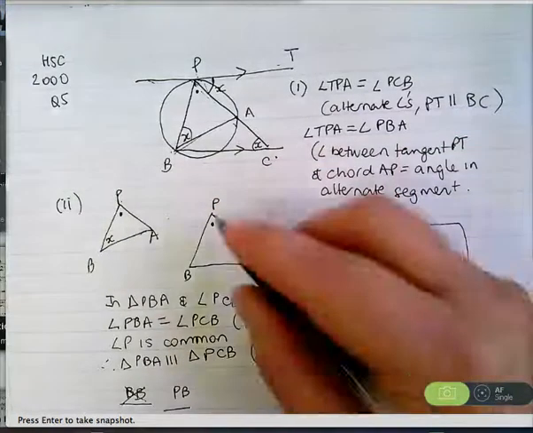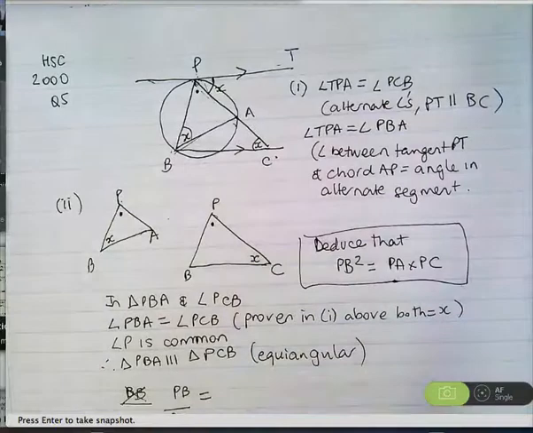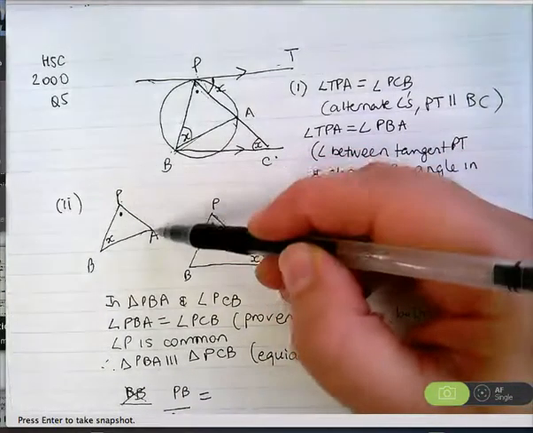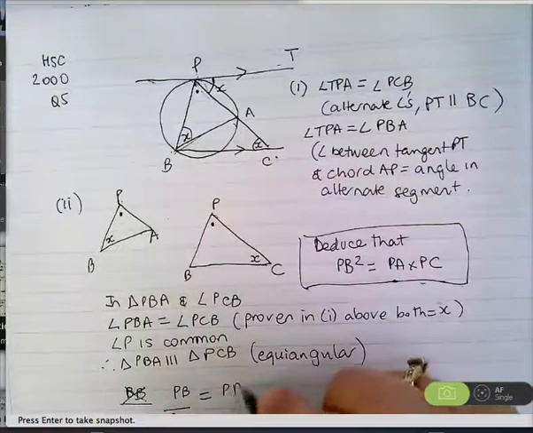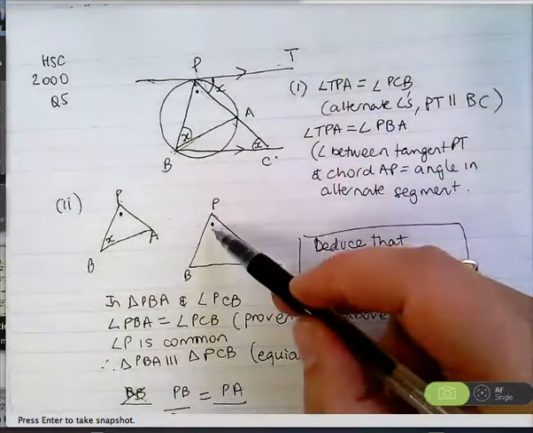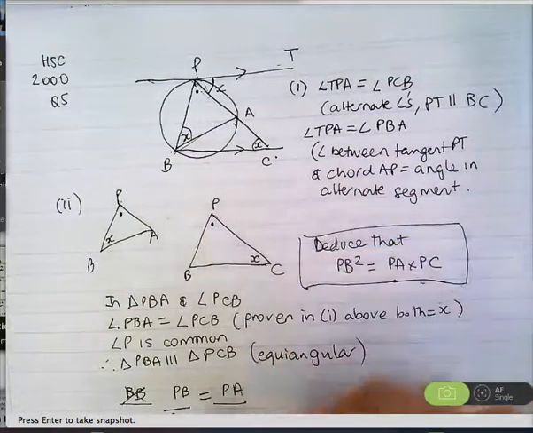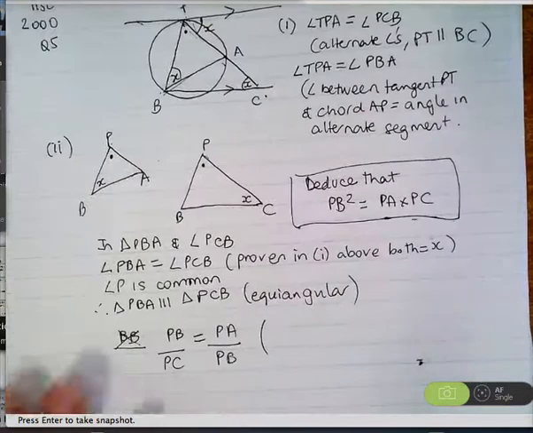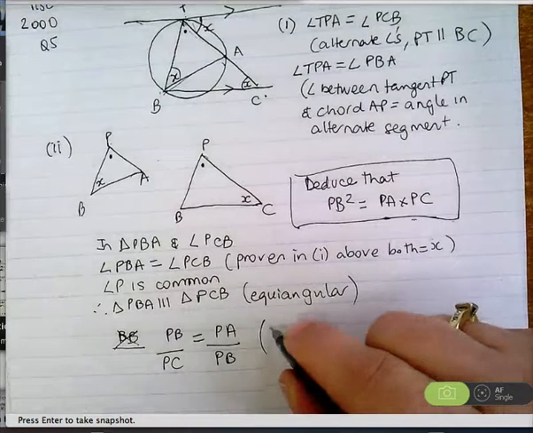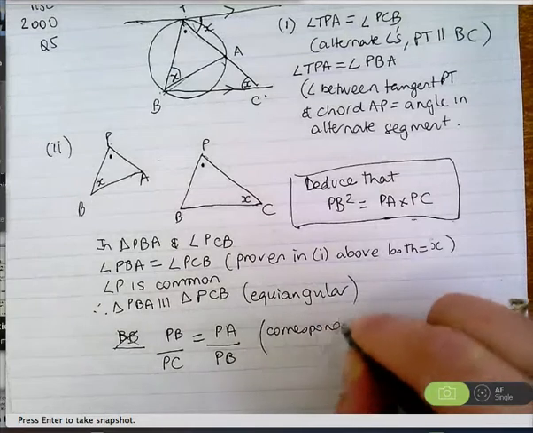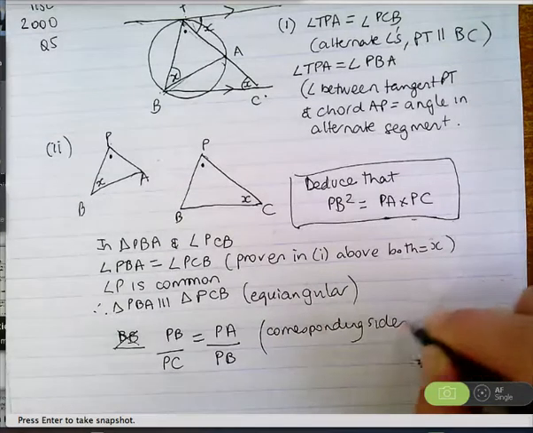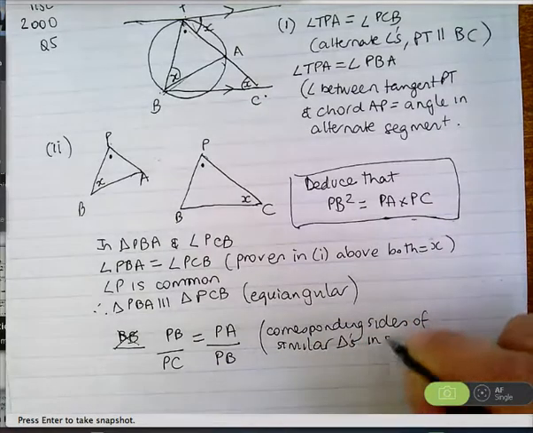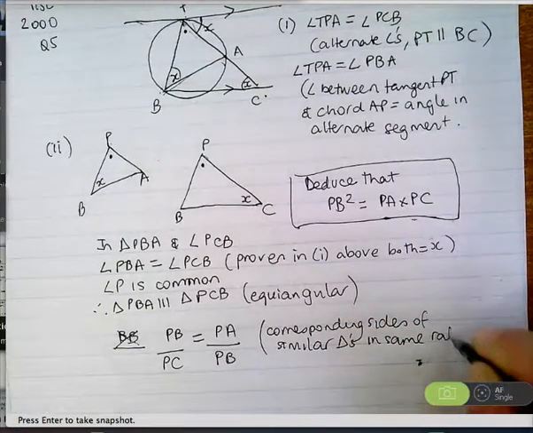PB in the first triangle matches with PC in the second triangle. So PB over PC is equal to, now we need a PA, don't we? PA matches with PB in the second triangle. The reason is corresponding sides of similar triangles are in the same ratio or in proportion.